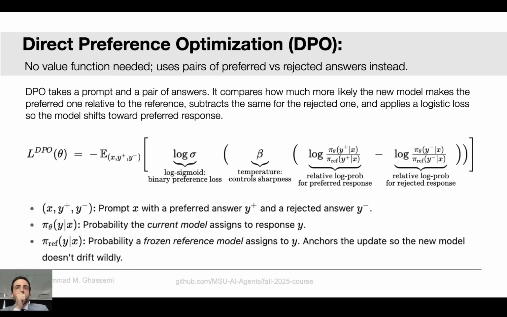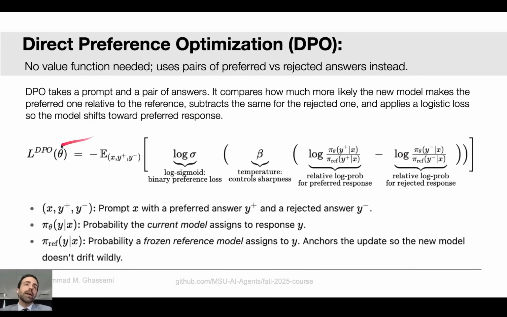And the way it uses that is it takes the relative log probability of your preferred response, so the likelihood of the sequence for the preferred response, the difference between that and the one you didn't prefer.